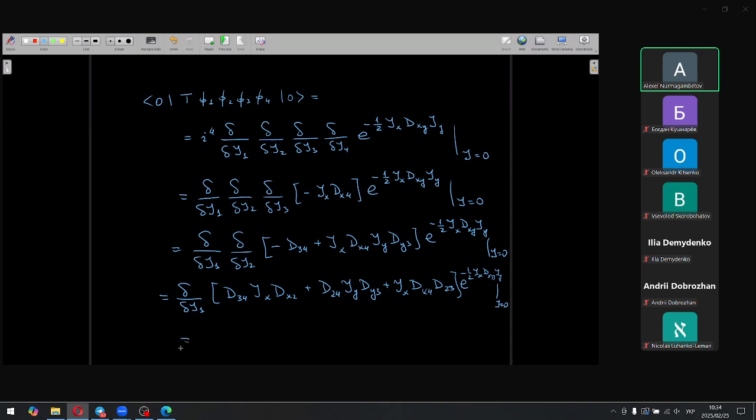And finally, it was taken into account that we had to set the external source j equal to 0. At the end of computations, the final result comes as follows.